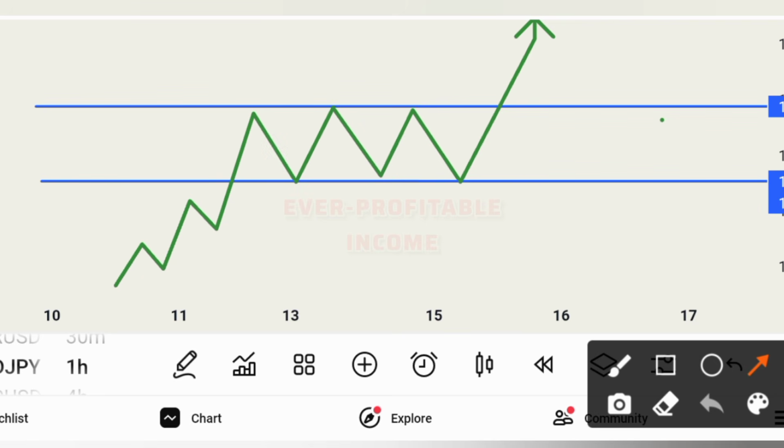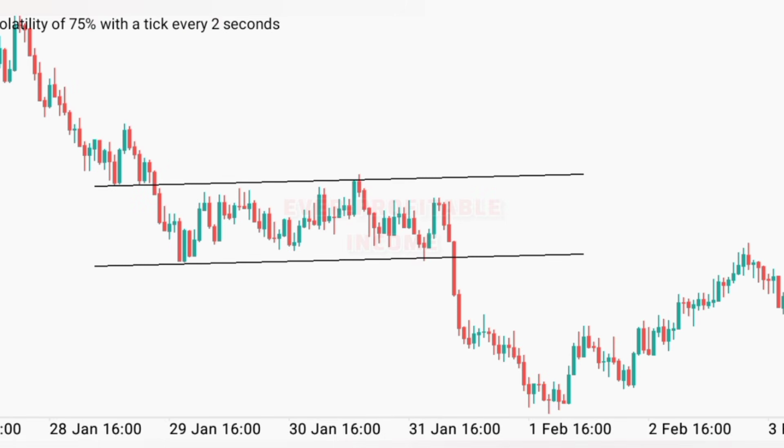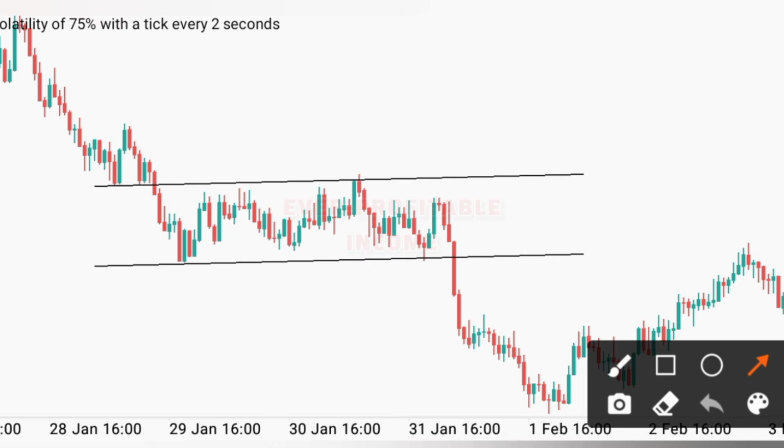So how do you enter in such cases? Let's go over to the chart. This breakout over here is an example of a high momentum breakout, and you enter this in an aggressive manner by entering immediately after the breakout candle closes, and this is the breakout candle.